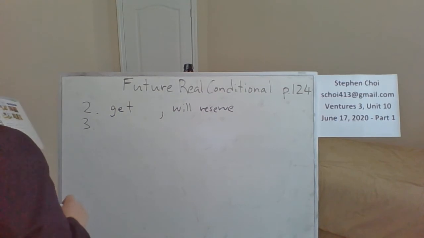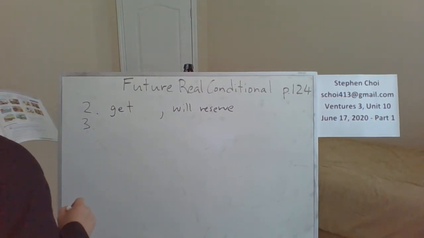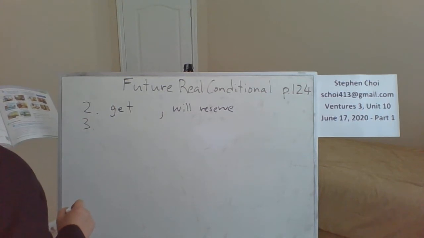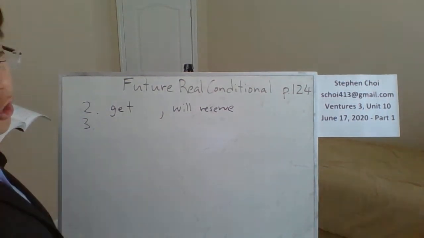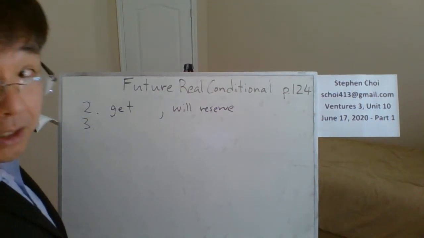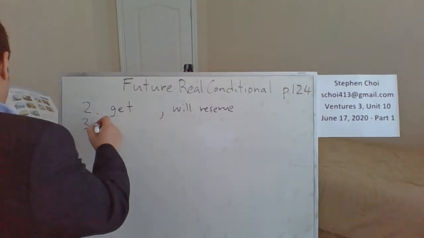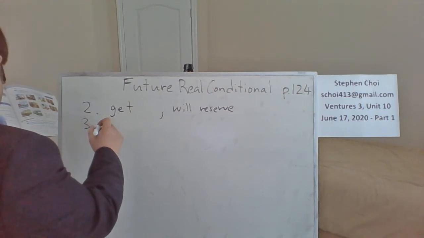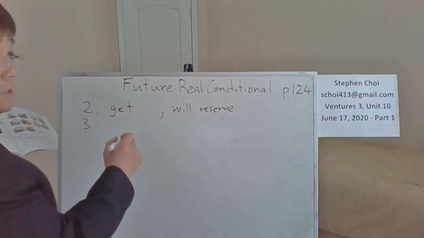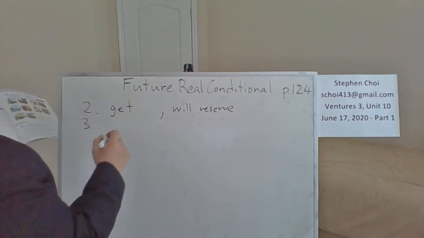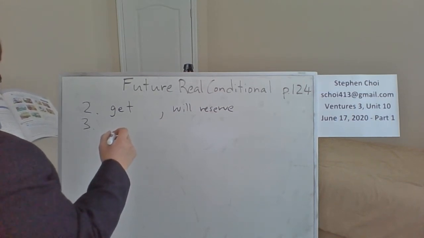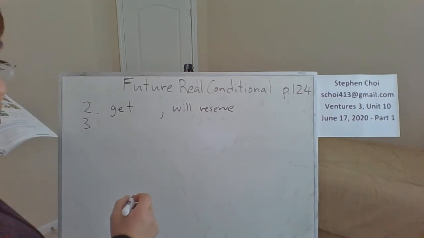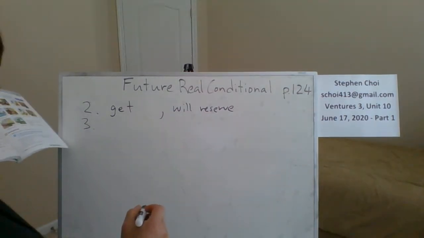All right, number 3. What's number 3? If prices be too high, they not take an expensive vacation. Again, it begins with the conditional clause, which means you got to put that in the simple present, right? So you say, if prices, what's the simple present for prices? Is it third person singular? No, it's third person plural, right?